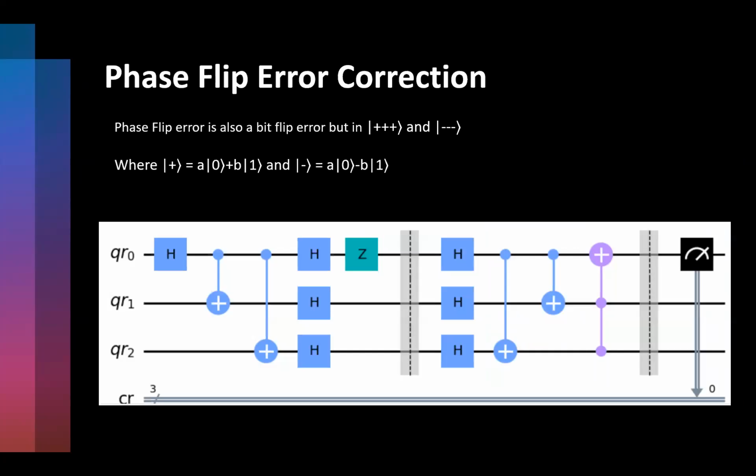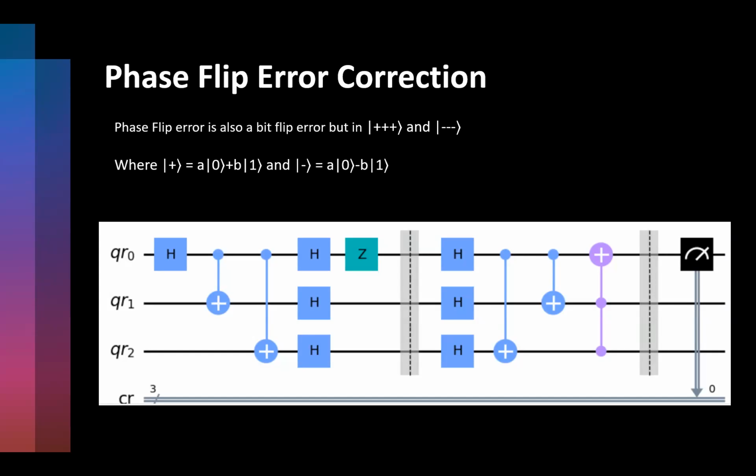So let's discuss phase flip error correction. A phase flip error is also a bit flip error, but in another basis, like plus and minus. Plus is a superposition of 0 and 1, and minus is a superposition of 0 minus 1.